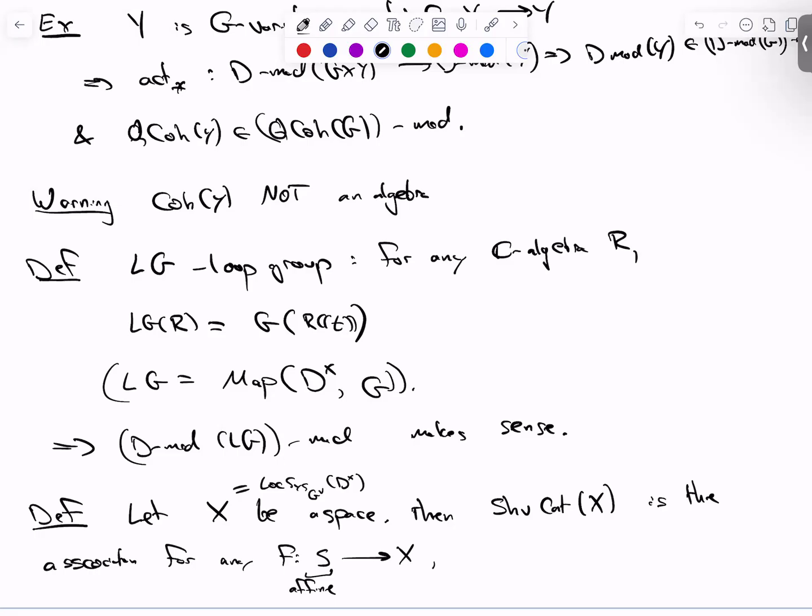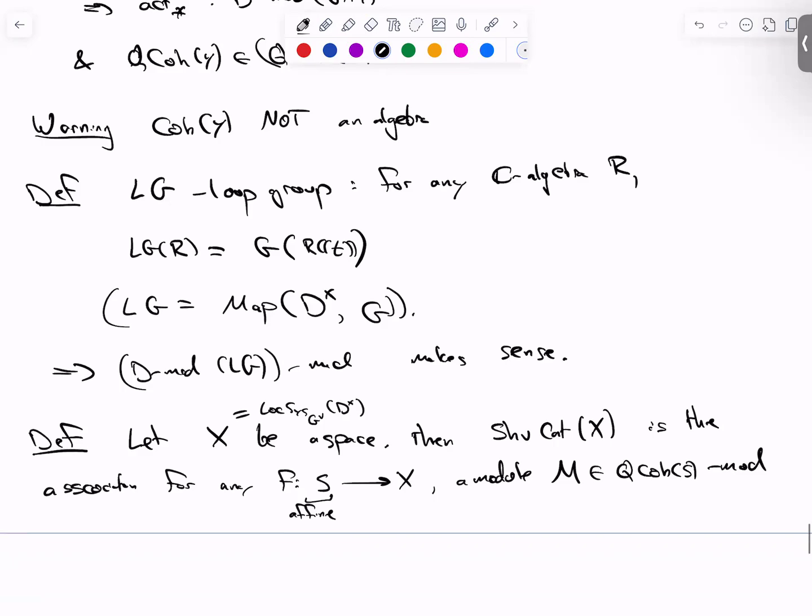For any affine scheme, we associate a module M inside the DG category of QCO S mod. So if X itself were affine, then the sheaf of categories on X is just QCO X mod.